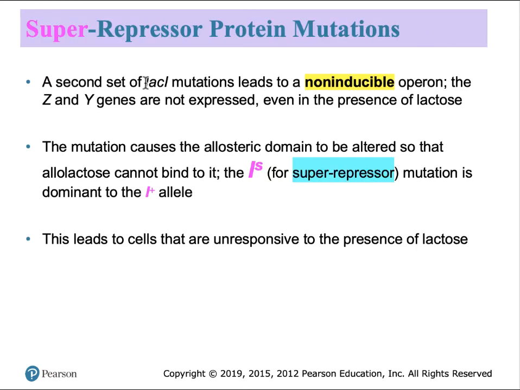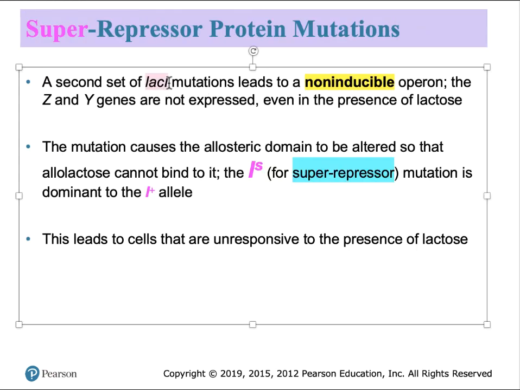Since the Lac-I gene has a protein with two active sites, there can be instances where a mutation in a different part of the Lac-I gene will not destroy the DNA binding domain, but it will interfere with the allolactose binding site, the allosteric site. In that case, we see something else.